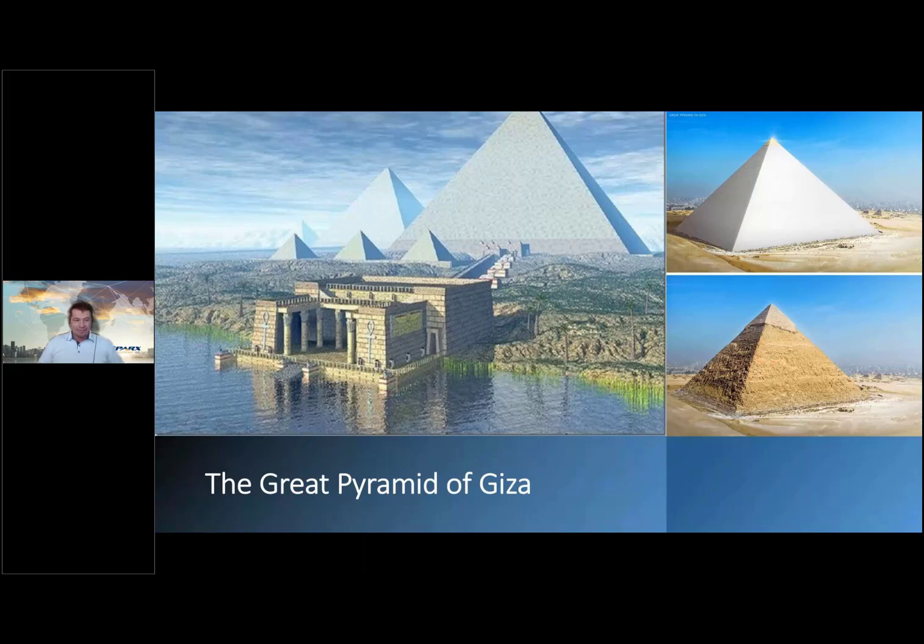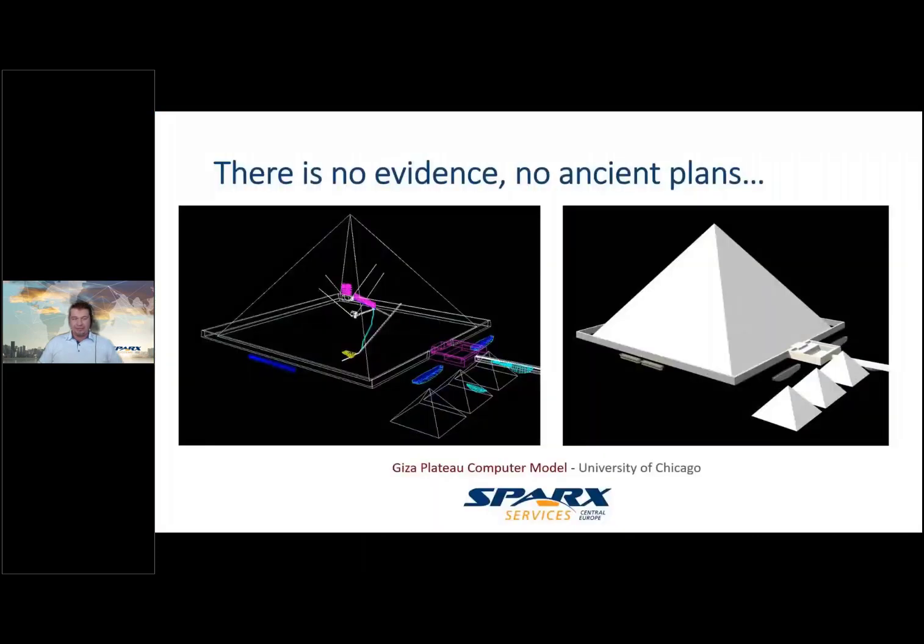That's great, but the problem is we don't have any evidence, any plans. As we know, architecture documentation is very important, but this is missing. Using today's technologies, we can measure everything to precise measures and reverse engineer the current state of the final product. In this case, a pyramid.